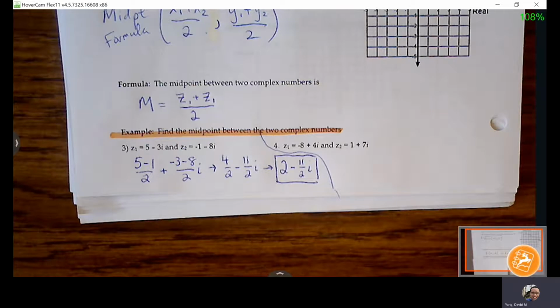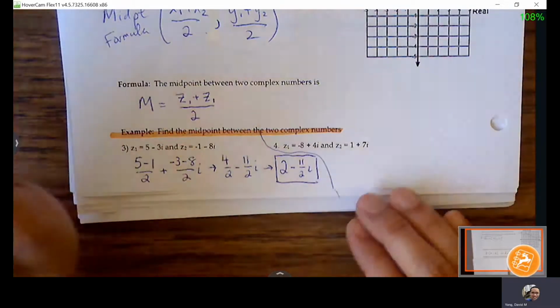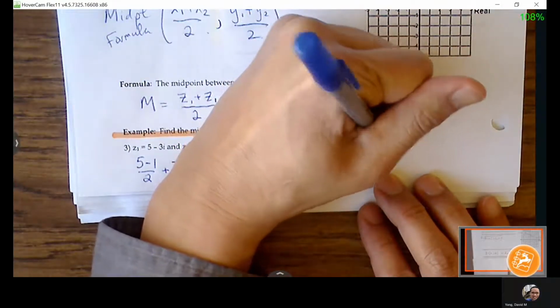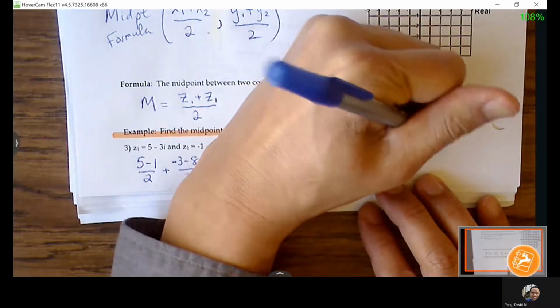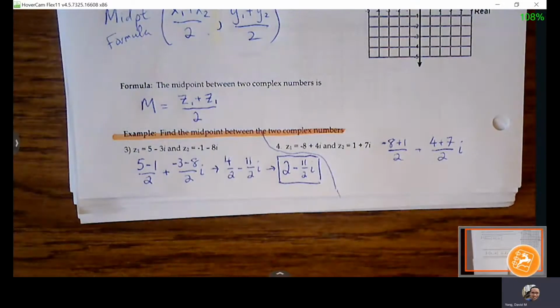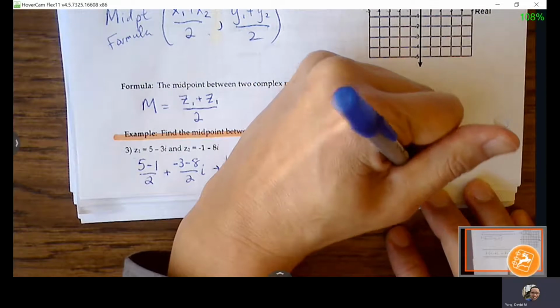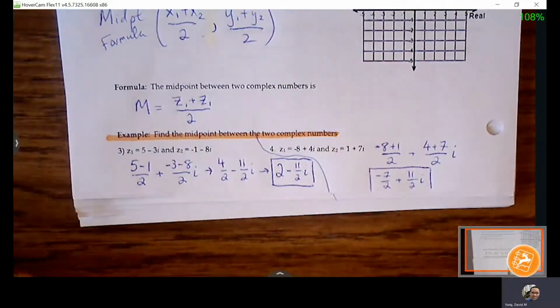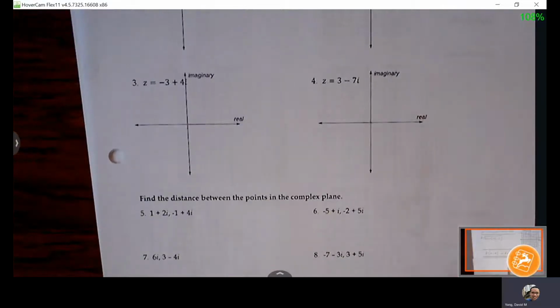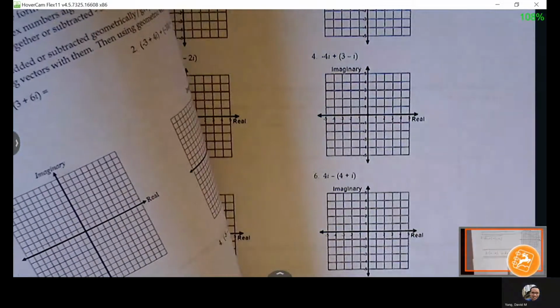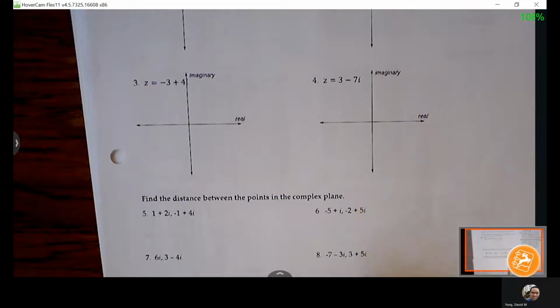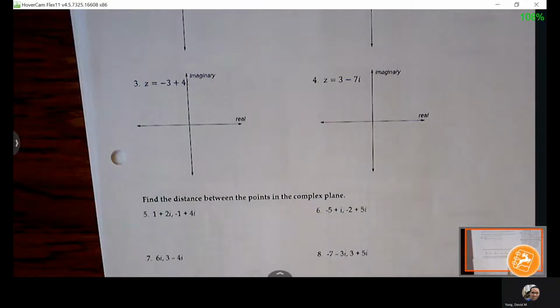Add the imaginary components together, divide by 2. Okay, any questions there? Okay, thank you.